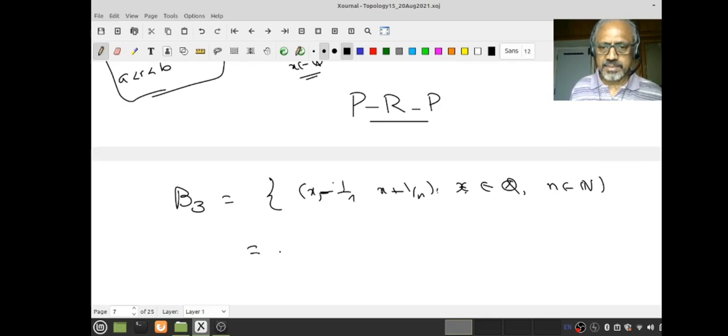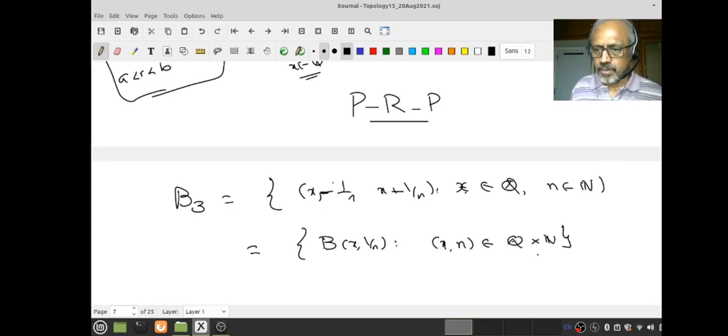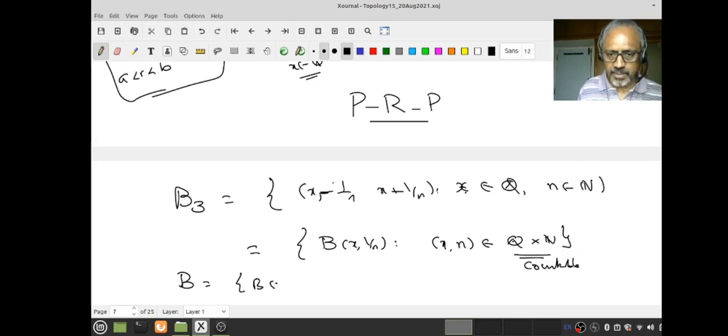See, this collection, this is V(x, 1/n), and this is indexed by x and n. Where do they belong to? They belong to Q cross natural numbers. Now you know this is countable. Whereas our original collection B, which is B(x, r), that is (x, r) belonging to R cross R plus, this is uncountable.